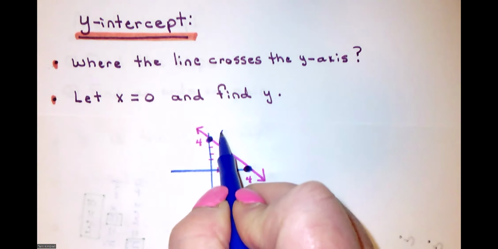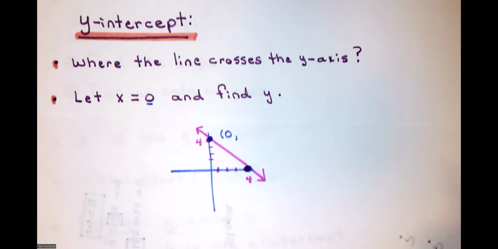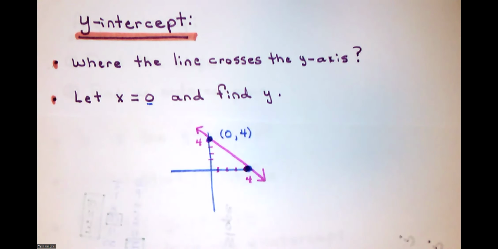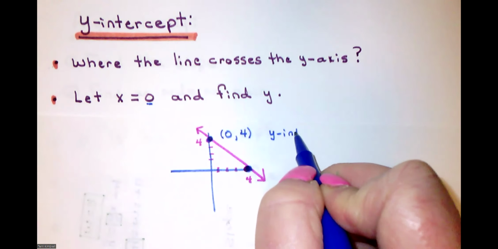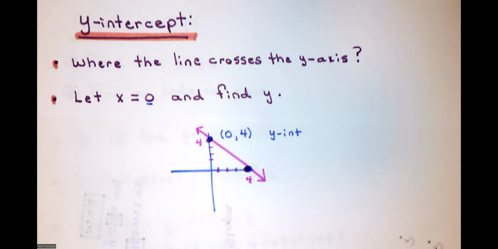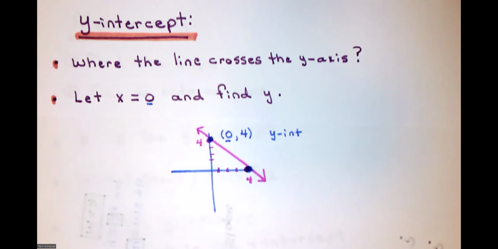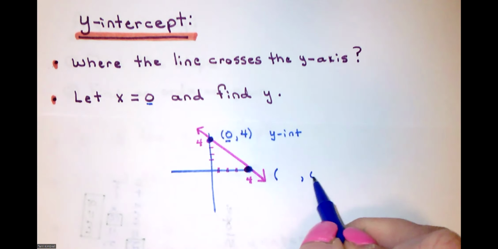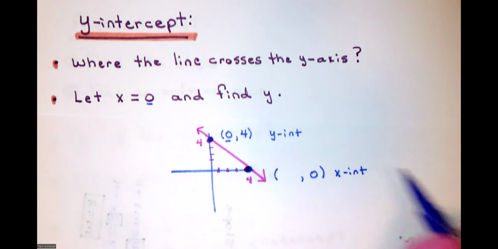So if it touches the y-axis, notice that the 0 is in x's spot. The y is going to be your 4. That is what your y-intercept is. The y-intercept is where it touches your y-axis, and your x is going to be 0. To find the x-intercept, your y is going to be 0.